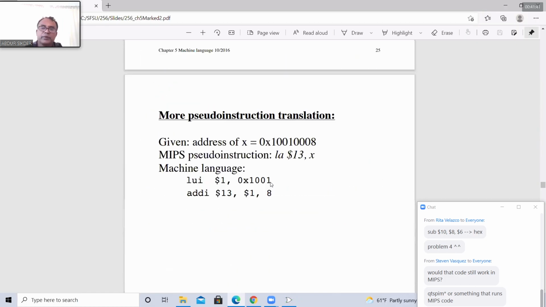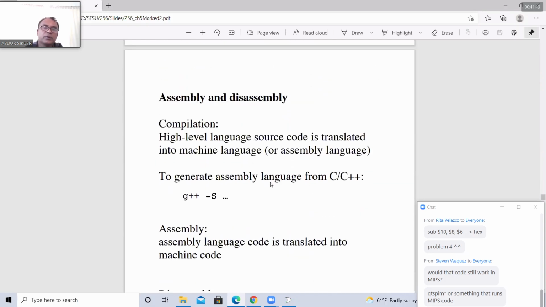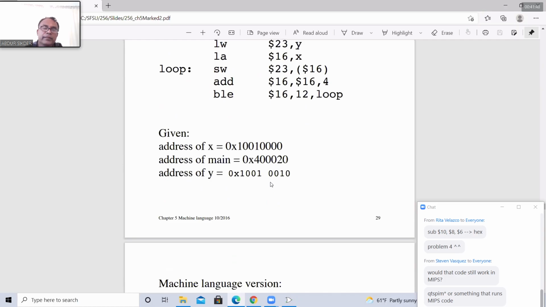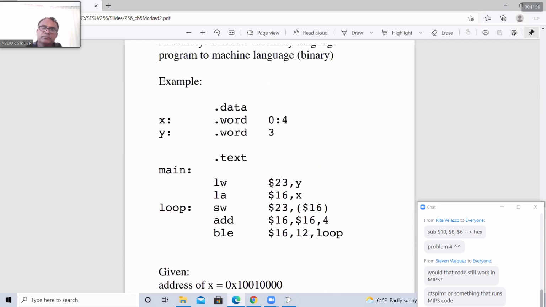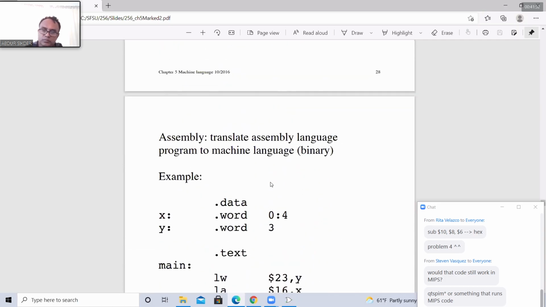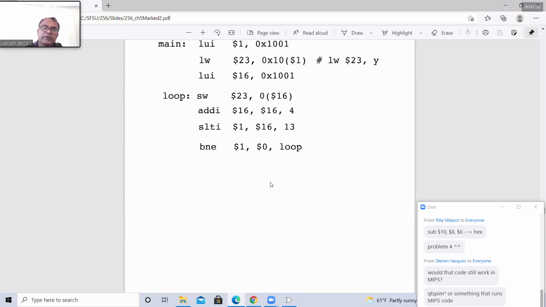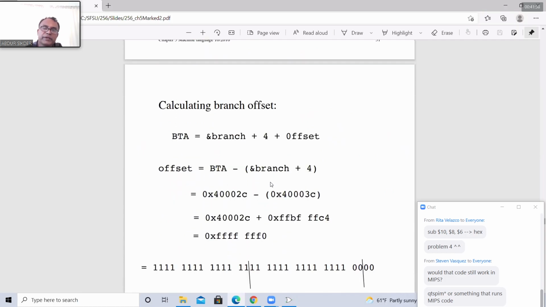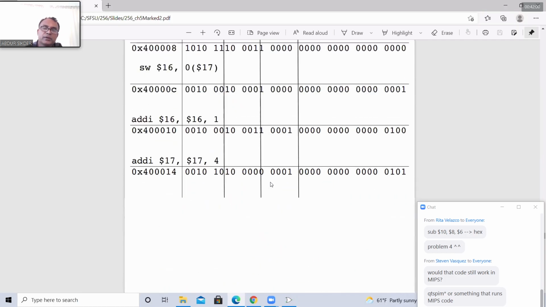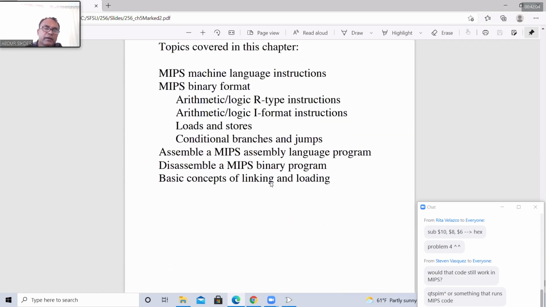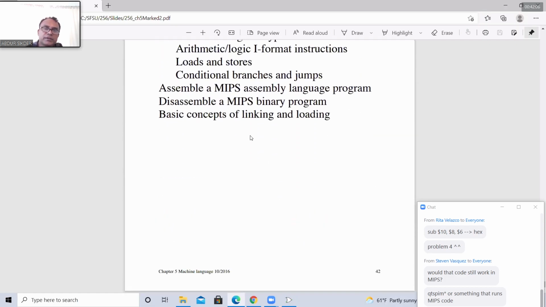I think that's about it from the chapter. And the loop and all other functions will not be tested. So don't worry about any practice of the J format. Just focus on R and I format.